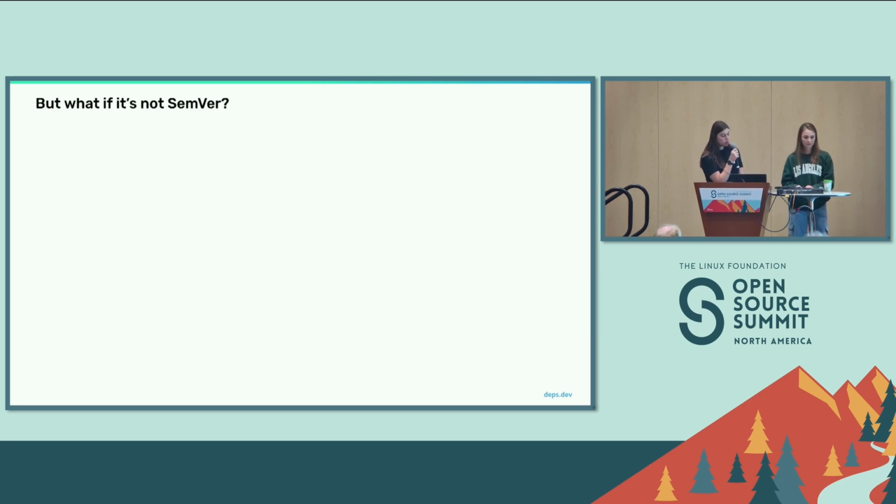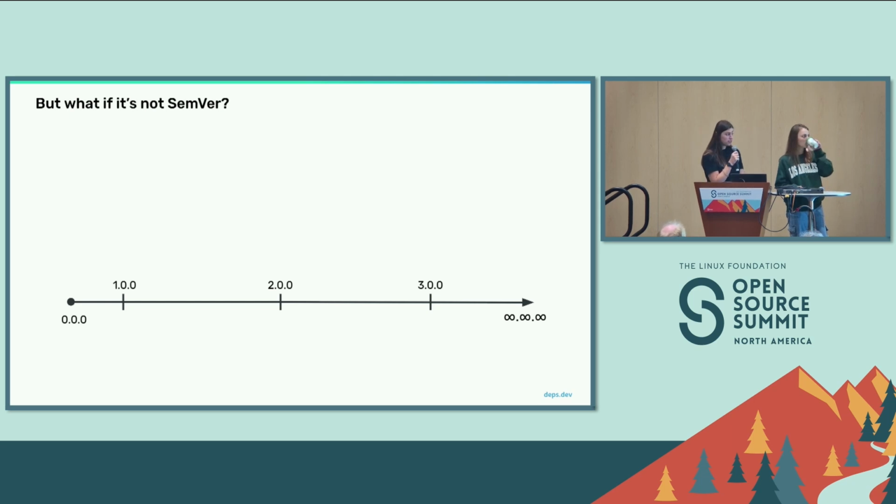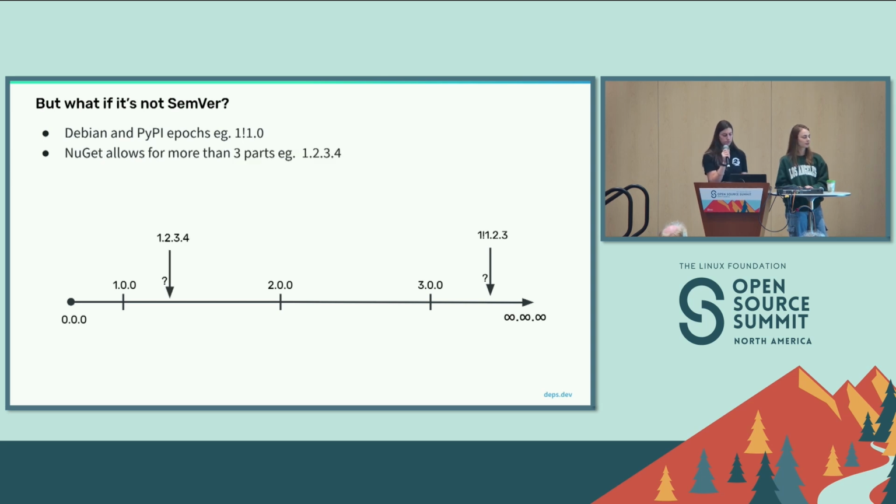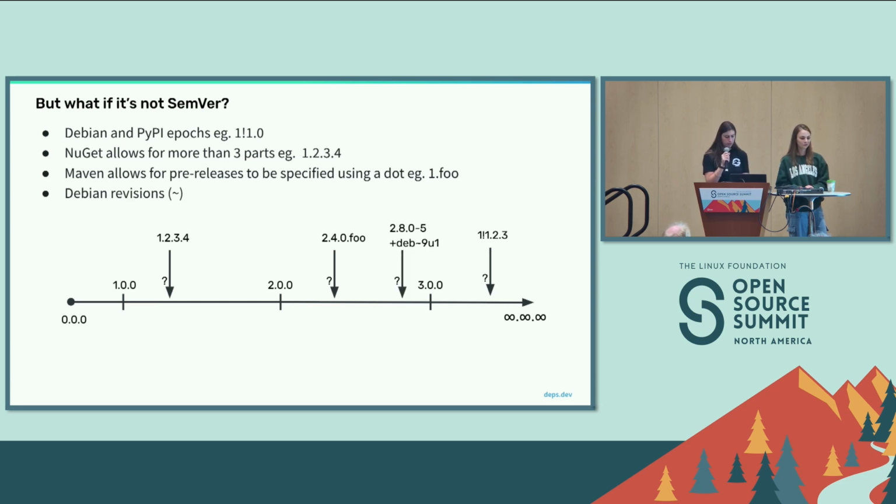So far, we've assumed that a version space is Semver. But what if it's not actually Semver? For example, Debian and PyPI allow for epoch versions. NuGet allows for more than 3 parts. As we saw earlier, Maven allows for all sorts of things, including for pre-releases to be specified using a dot. Debian allows for revisions.